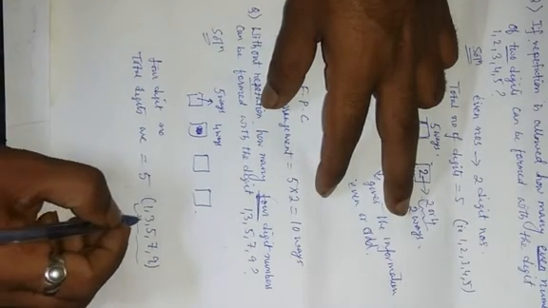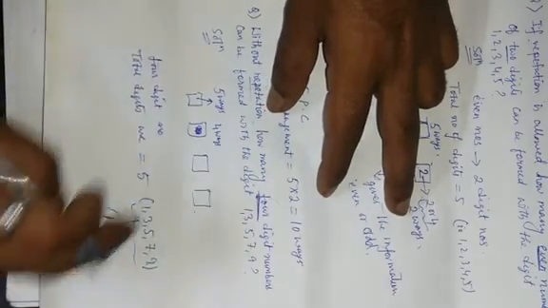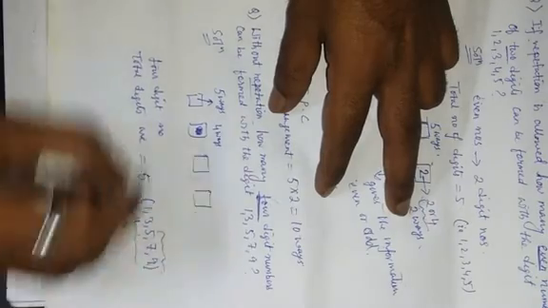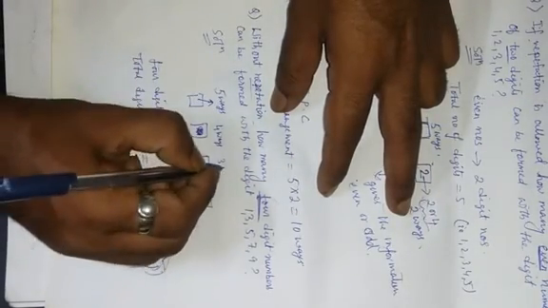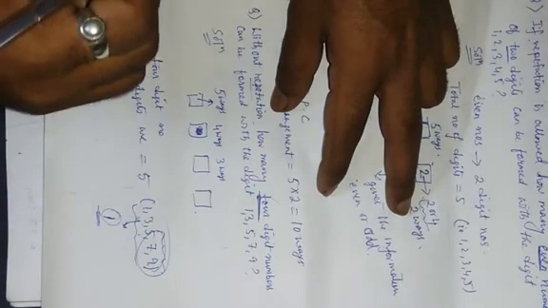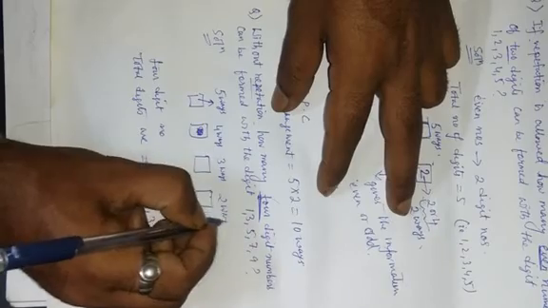Similarly, one more value is reduced from the 5 digits. So now how many digits remain? There are a total of 3 digits. So this can be filled in 3 ways. In the same way, this can be filled in 2 ways.